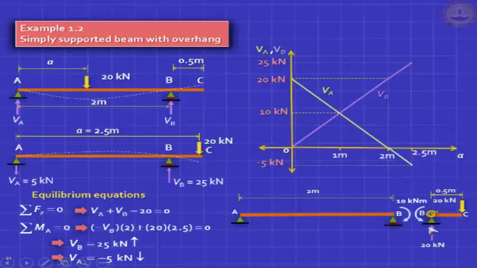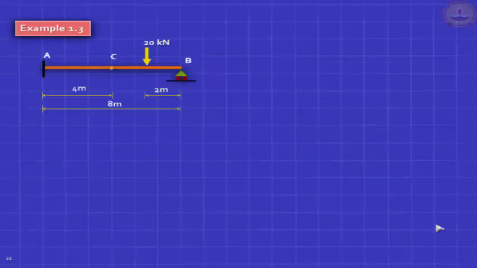This doesn't get transmitted, it goes straight to the support, and so your problem has now reduced to AB subject to a concentrated moment 10 kilonewton meter, which needs 5 kilonewton acting upward at B and 5 downward at A. You join 5 and 20, you get 25. So you've learned so much from this. There are many ways of learning, and you can also draw the deflected shape.